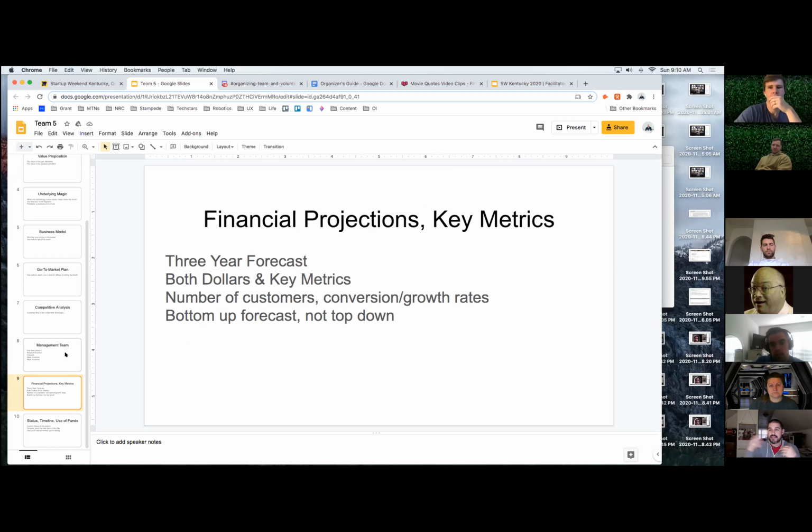If that looks like the next few months, if that looks like the next couple of years, if that looks like the first 10,000 users, then 50,000, then 100,000, whatever those metrics are that make sense for what it is you're going to market with, that's what we should understand and walk away with. There's not one right answer.